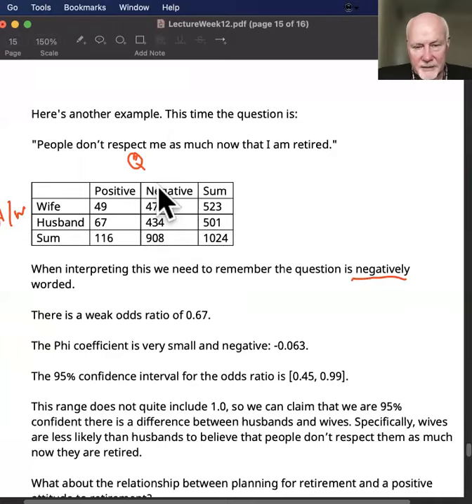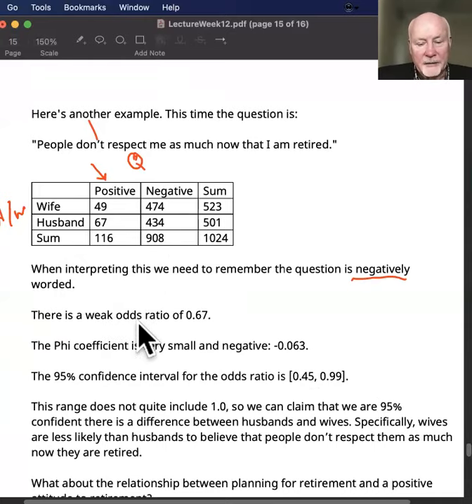So we always set the contingency tables out like this, with the outcome that we're interested in, which is a positive response. A positive response here means agree or strongly agree to that question. So it's actually a negative feeling about retirement, but it's a positive response to that question.